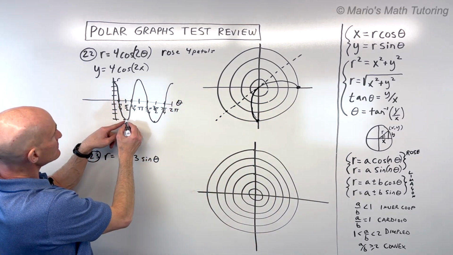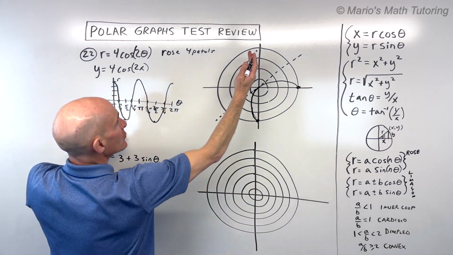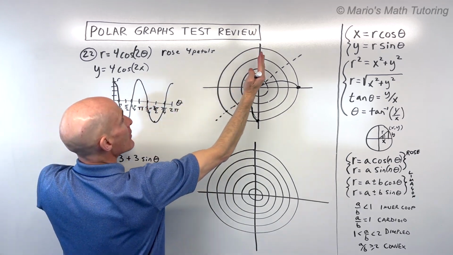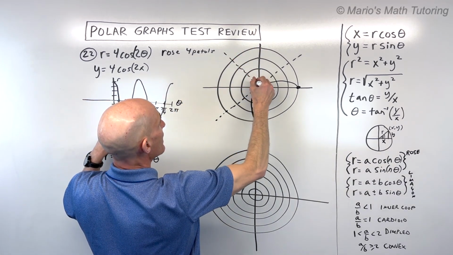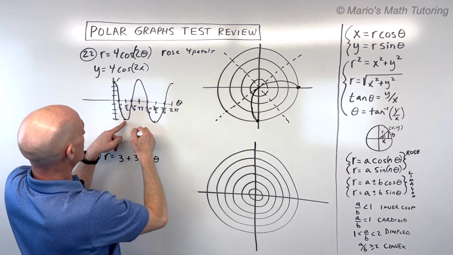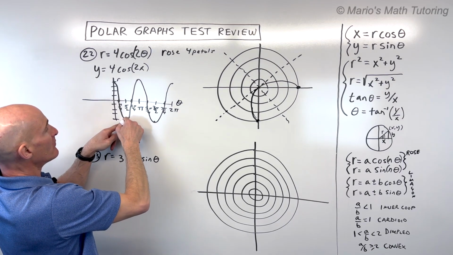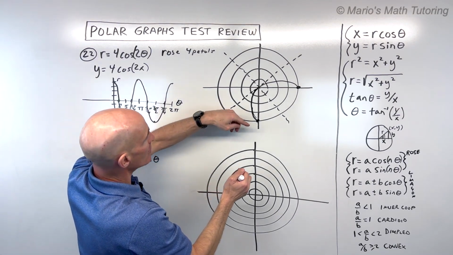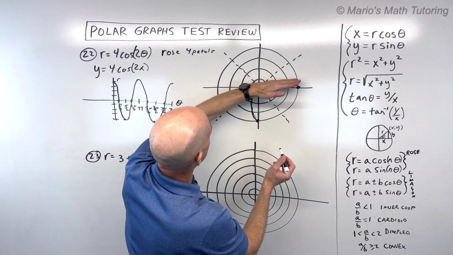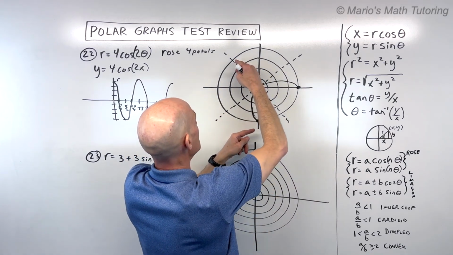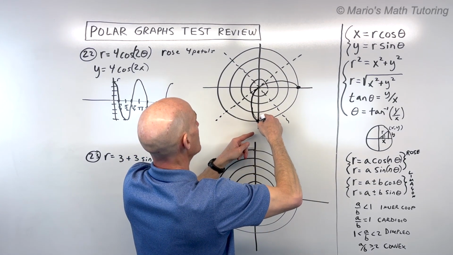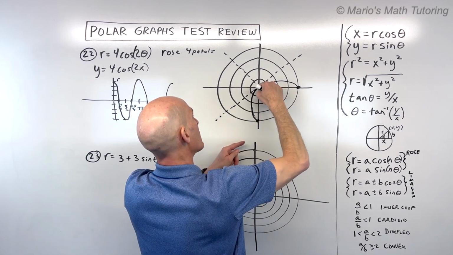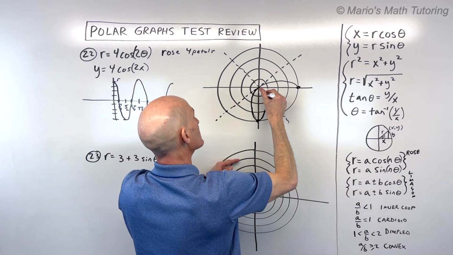Now, as we make our way from pi over 2, 90 degrees, to 3 pi over 4, let's draw that 3 pi over 4 line in. The r value is negative, and it's approaching 0. As you're turning, the r value is negative, so we have to go through the pole, and you're pulling back towards 0. So it's going something like this.